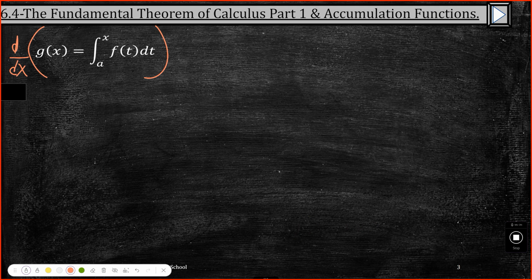So if we take the derivative of g of x, that becomes g prime of x. And what we do is we input this x into t. So then g prime of x will equal f of x. G prime of x is equal to f of x.